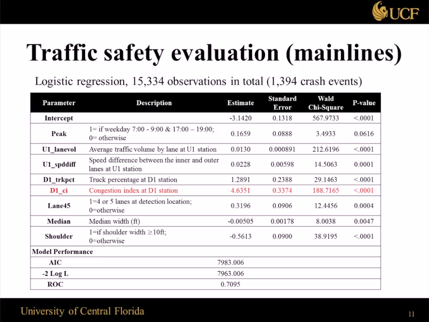For the mainline, the result is shown in the table. A positive estimated parameter means when this variable increases, the crash risk increases, and a negative one means when this variable increases, the crash risk actually decreases.